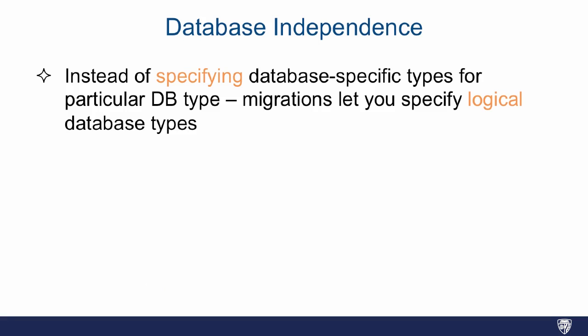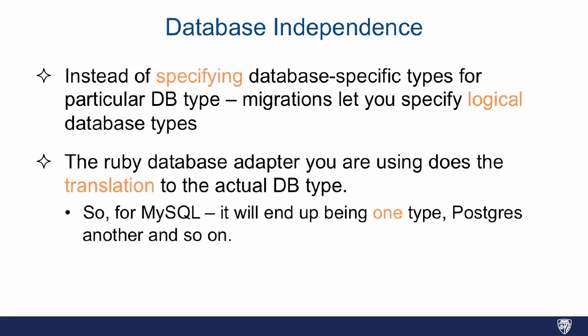And migration also gives you database independence, because instead of specifying a specific database type for a particular database, migration lets you specify a logical database type. And then you have the database adapter, which translates that particular Ruby code to your specific dialect.